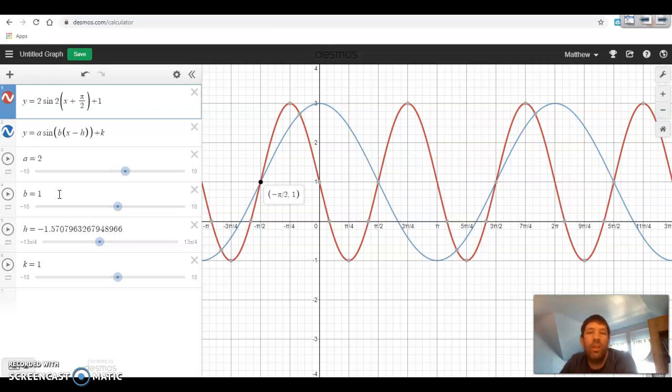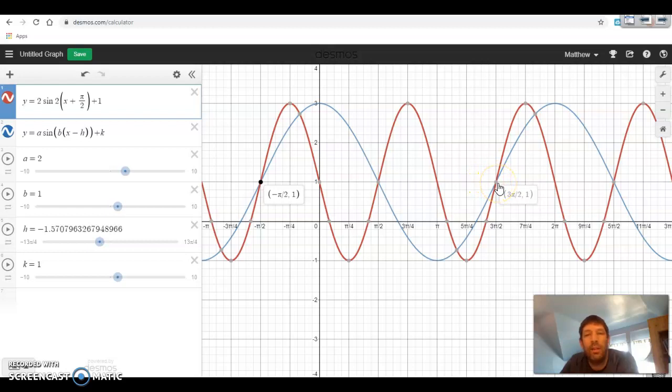So one thing that I can do is I can look at this red graph and I can say, okay, if I'm going a distance of 2 pi, so let's say I'm starting here at negative pi over 2. Then I would go pi over 2 plus another half pi, that would be 1 pi, plus another half pi, that's 1.5 pi, plus another half pi, that's 2 pi.